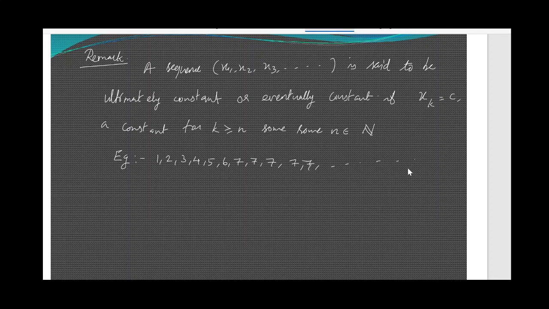Thus, this term ultimate we can use for anything which is coming after a certain stage. Everything is going to have a common property, so we will say that it's the ultimate property. Thus a sequence X converges to x can be expressed in terms of this ultimate property.